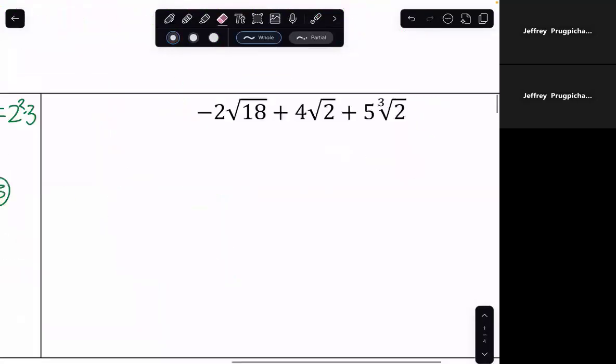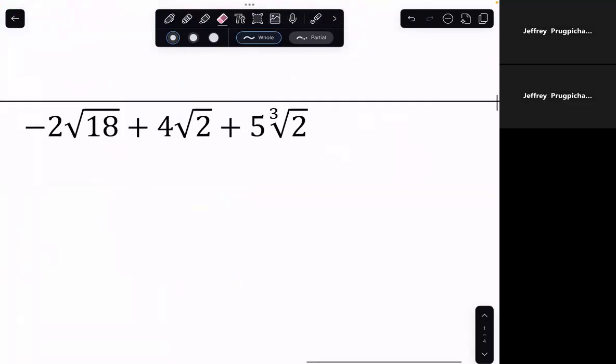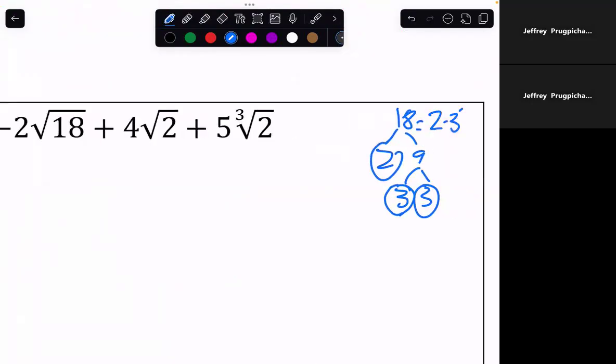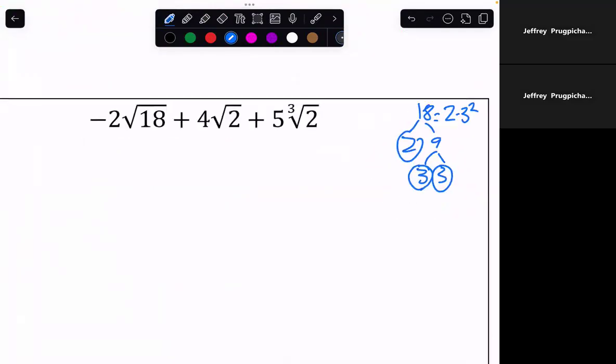Okay, so over here, same first step, simplify each radical if possible. Here, 18, can we do anything with that? All right, so 18 is equal to 2 times 3 squared. So we can take the 3 out to multiply the -2.